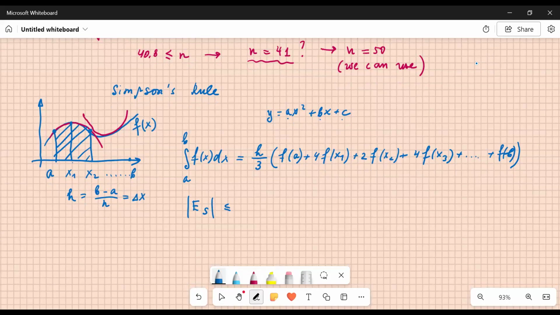So that's going to be k again, and then b minus a to the power of 5, and in denominator 180 over n to the power of 4. And k is going to be greater or equal than maximum, I think, of absolute value of fourth derivative.